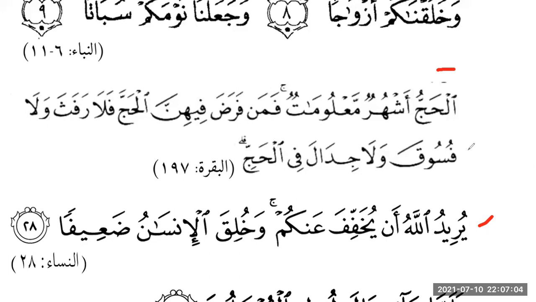If you look at this sentence, you have three words for hajj: al-hajju, al-hajja, and al-hajji. The first one, al-hajju, is in the rafa form because it's the subject. The second, hajja, is in fatah because it is the object of faradah, the one who obligated himself the hajj.